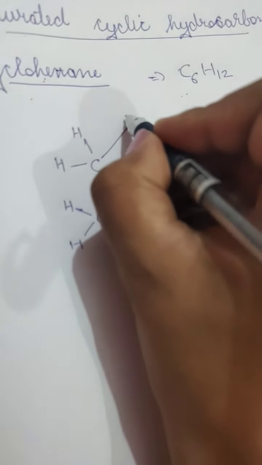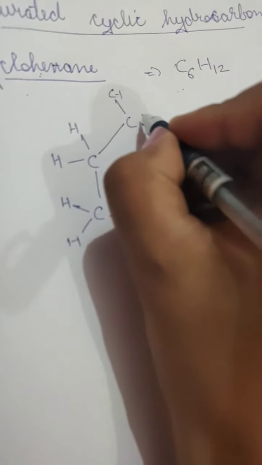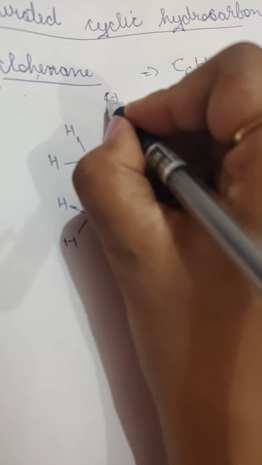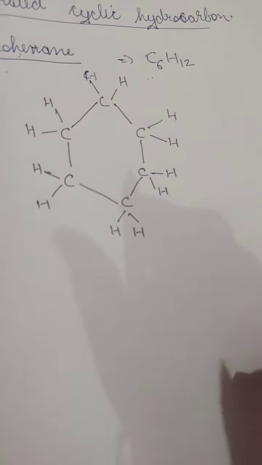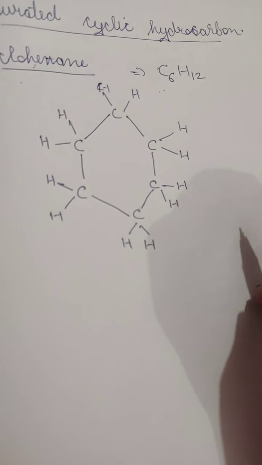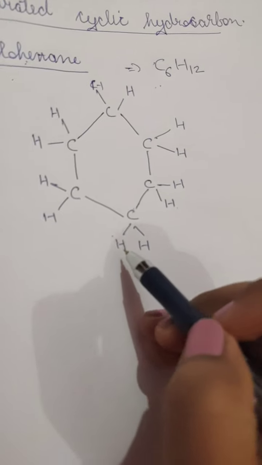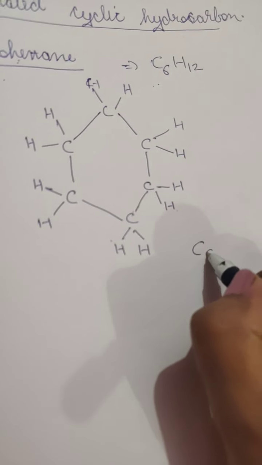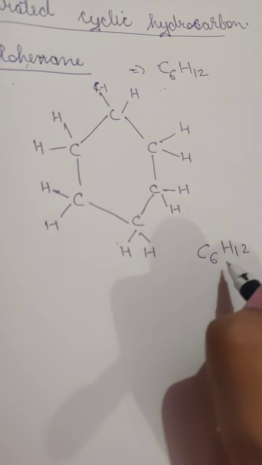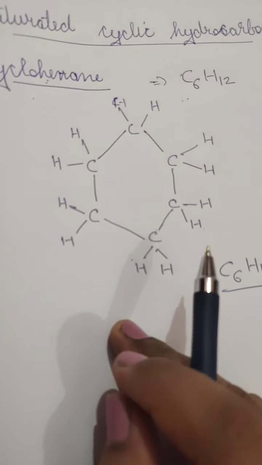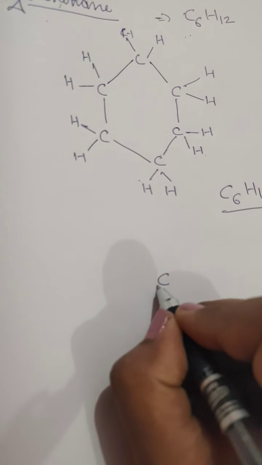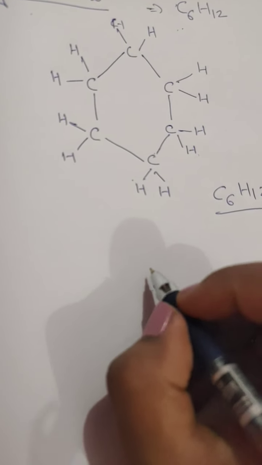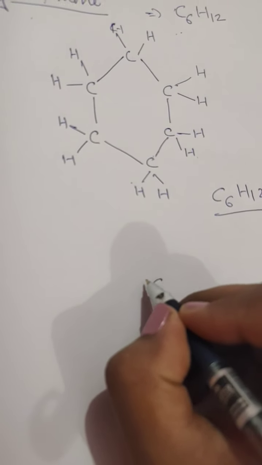Since it has 6 carbons, we will name it hexane, and ane because it's a single bond, it's an alkane. So alkane has the name ane. This is how it looks. So this is C6H12, which is cyclohexane.